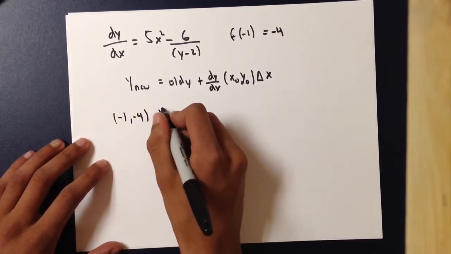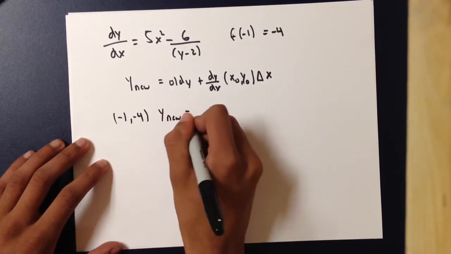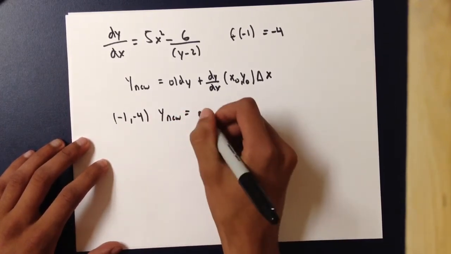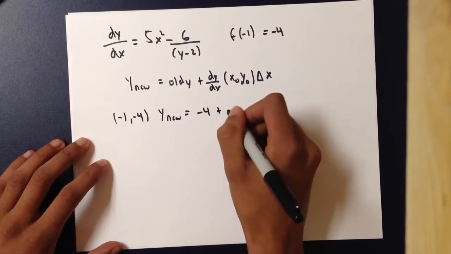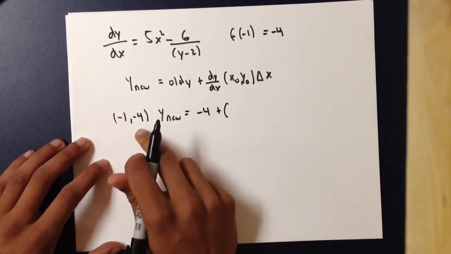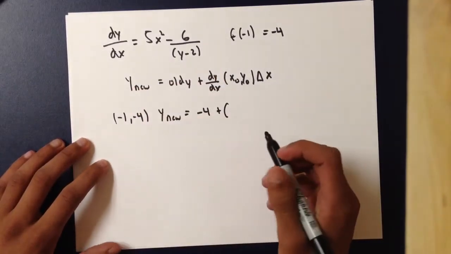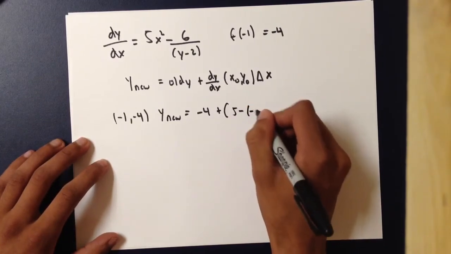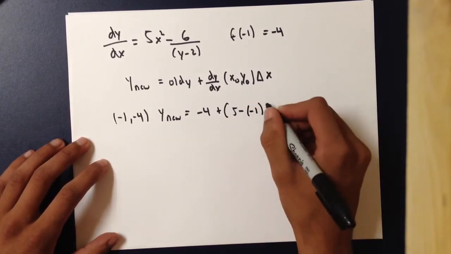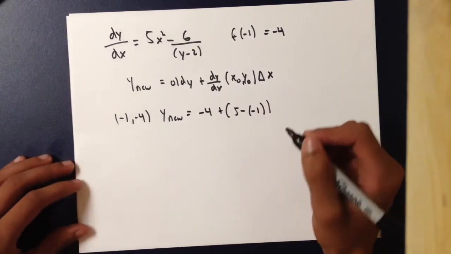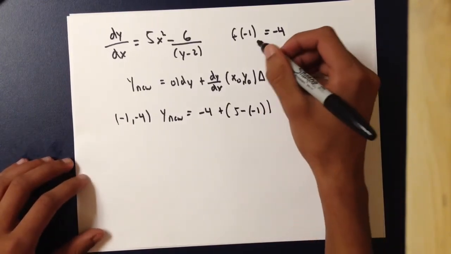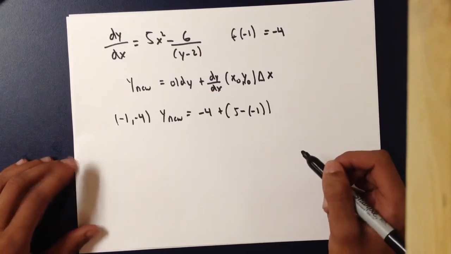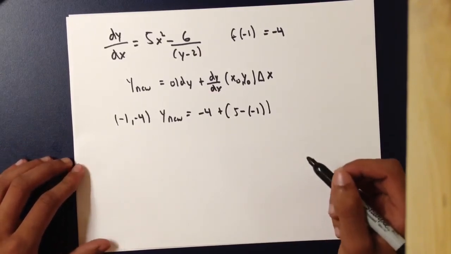So the new y will be equal to the old y, which is -4, plus, then we plug in -1 and -4 into here. So when you plug that in, you get 5 minus a -1. And since we want to evaluate it from -1 to 0 with 2 steps, we would have to use a step of 0.5.